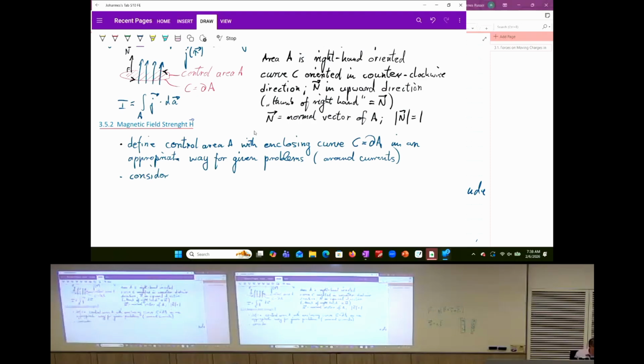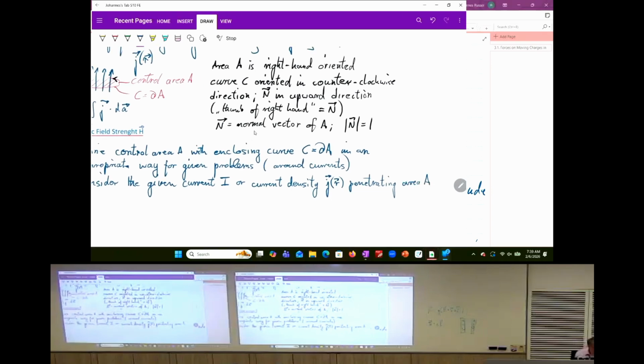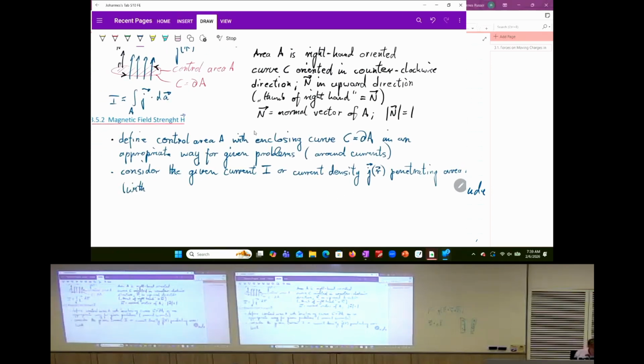So consider then the given current or the current density which is penetrating the area, and you know that the current is obtained by taking the area integral over the current density. That is how you obtain your current.